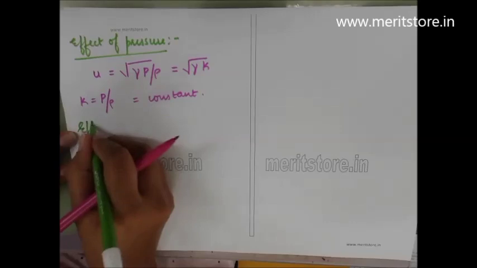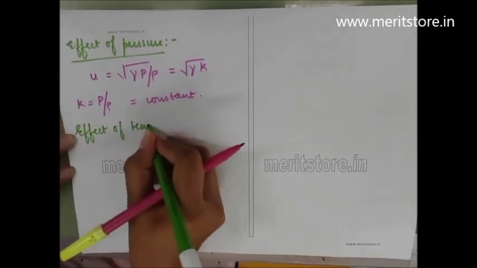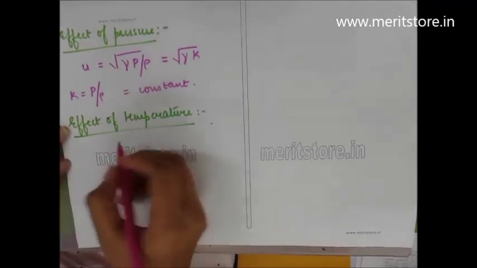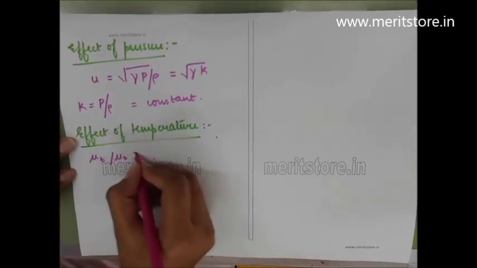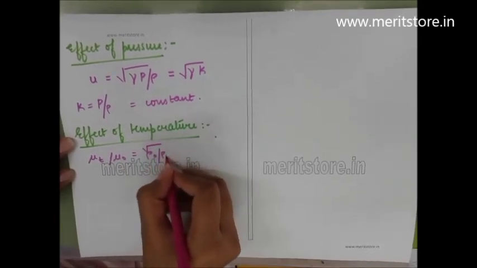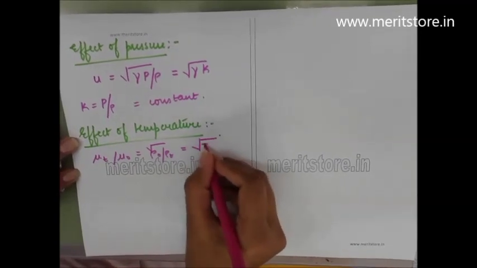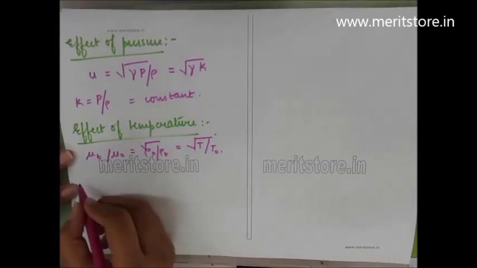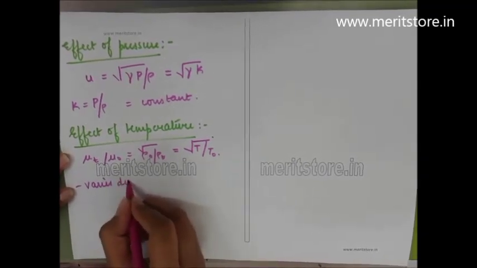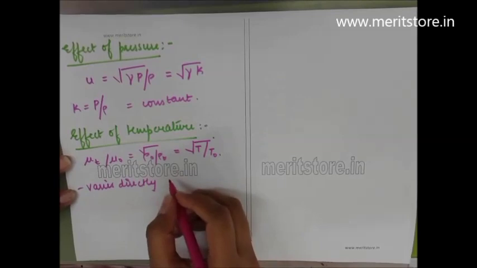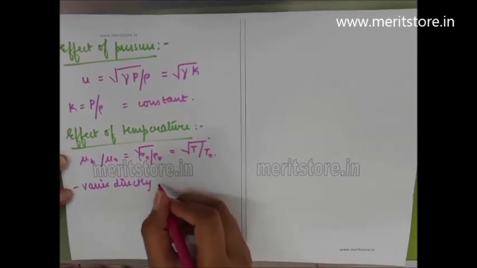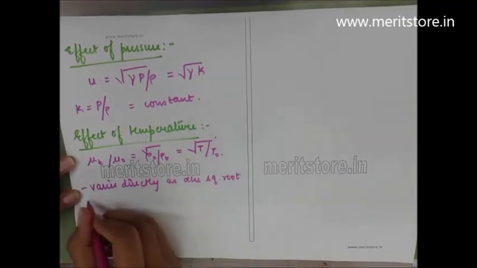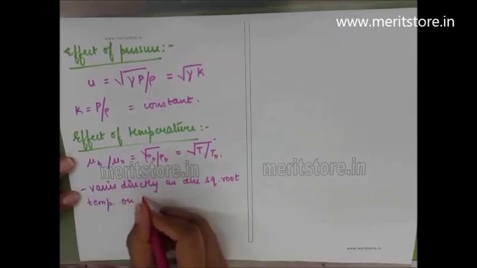Effect of temperature. It is given as, here the relation shows that the velocity of sound varies directly as the square root of temperature on Kelvin's scale.